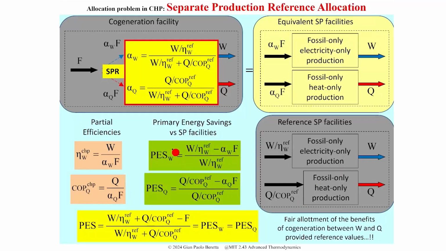At least this method has the advantage to split evenly the primary energy savings between the two products. So if I say 20%, I assign a 20% improvement to the efficiency of work and a 20% improvement to the efficiency of heat.